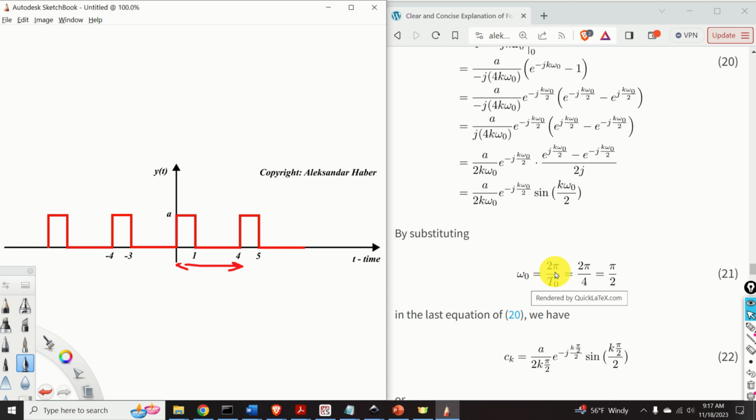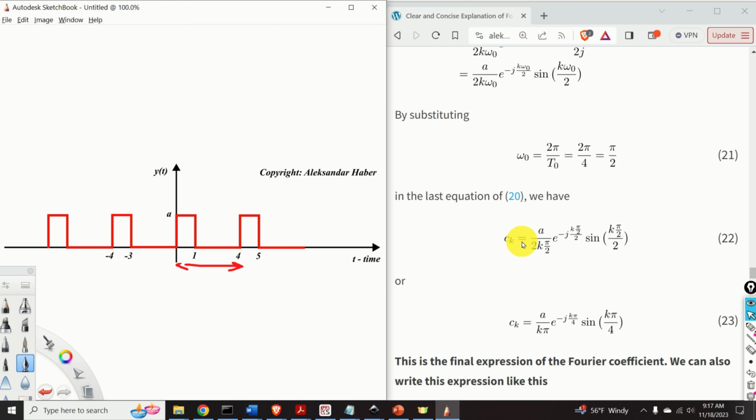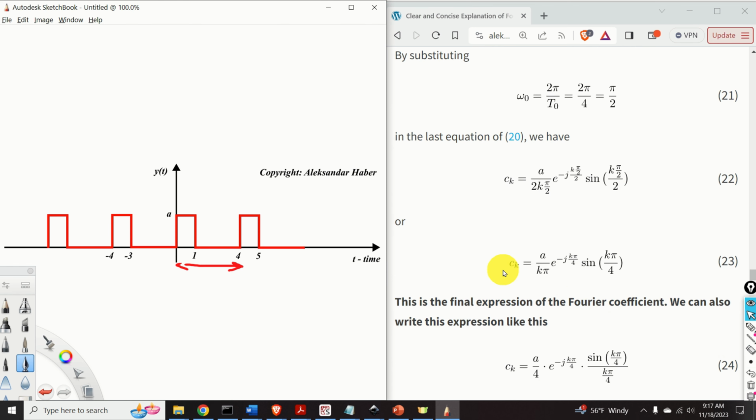Since omega 0 is 2 pi over the fundamental period, it's equal to pi over 2, since the fundamental period is equal to 4. Now, by substituting this term in this term, we actually obtain ck, and it looks like this. After a few algebraic manipulations, ck takes this form, and this is the final expression for the Fourier coefficient.